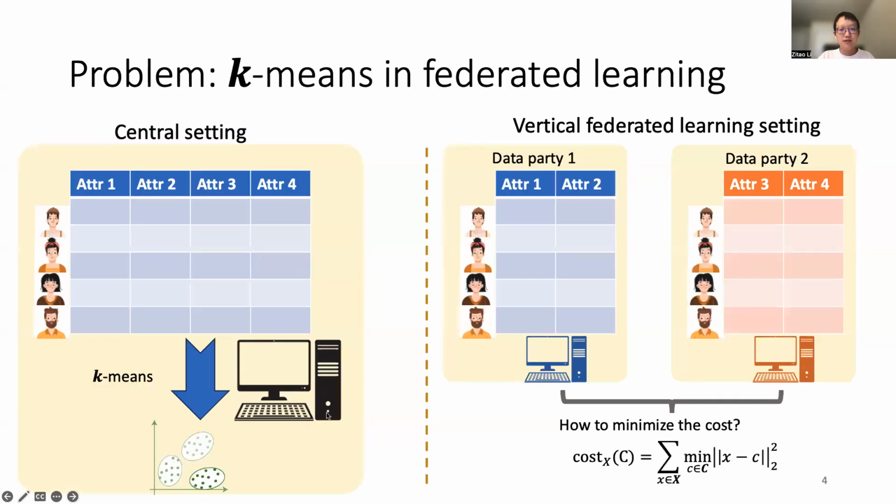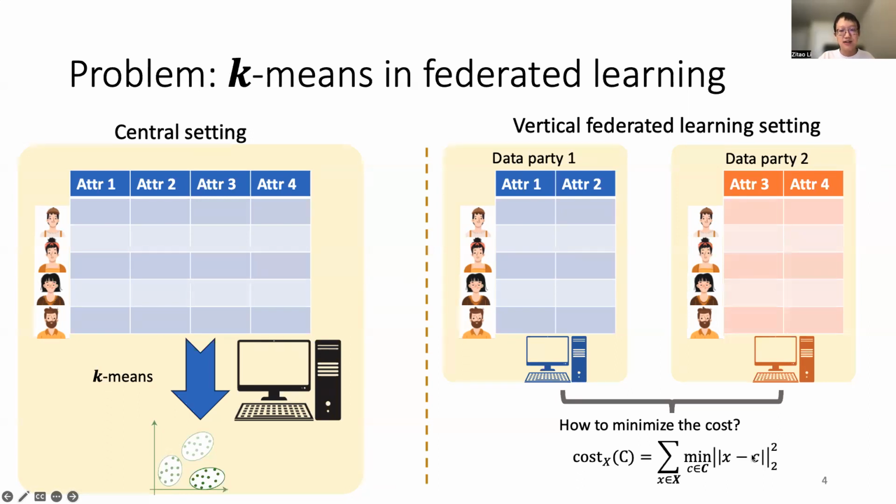In this paper, we consider solving the k-means problem in a challenging vertical federated learning setting while providing privacy protection for the local data. In the central setting, one can easily compute the distance between a data point and any temporary center, and then update the center accordingly.